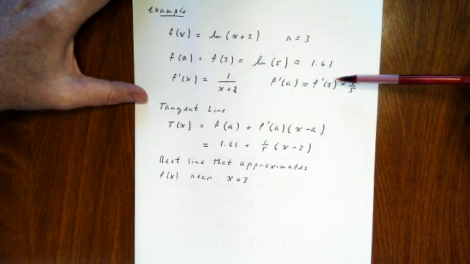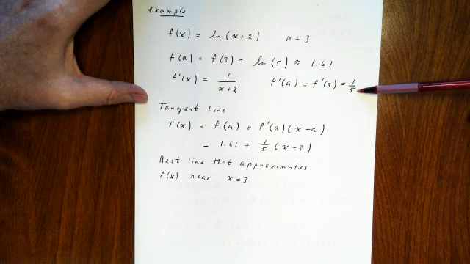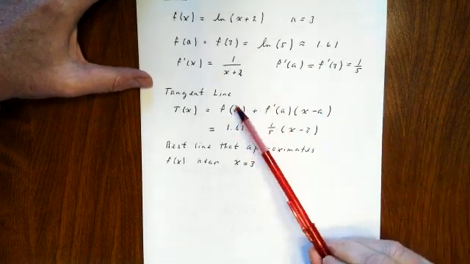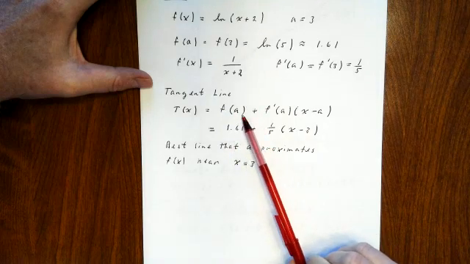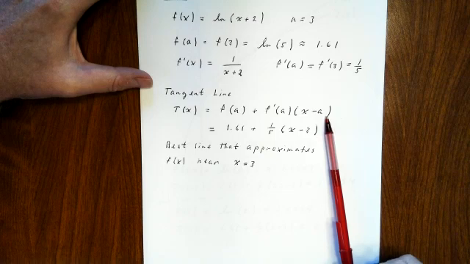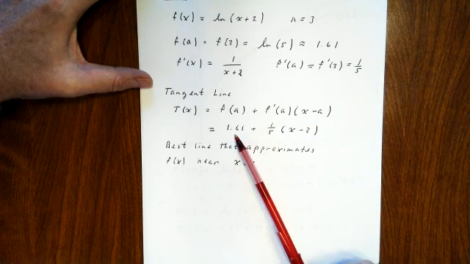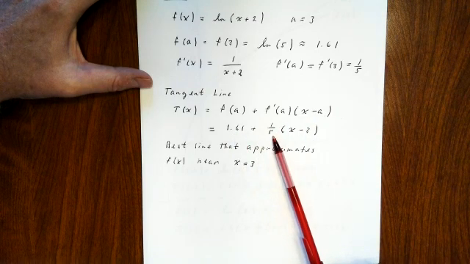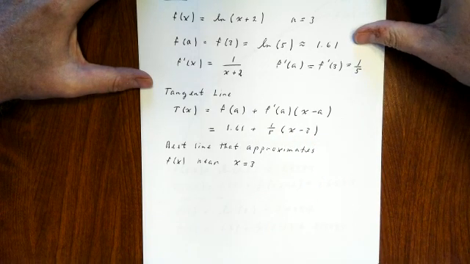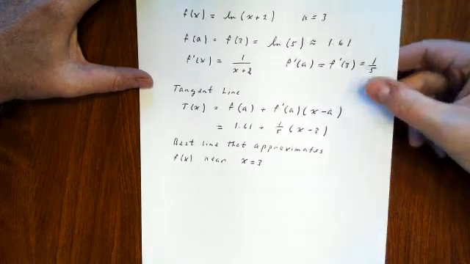If we plug 3 into that, we get 1/5. So that means the equation of the tangent line at x equals 3 is f of a plus f prime of a times (x minus a), and a is 3, so we get 1.61 plus 1/5 times (x minus 3). The tangent line is the best line that approximates f near x equals 3.